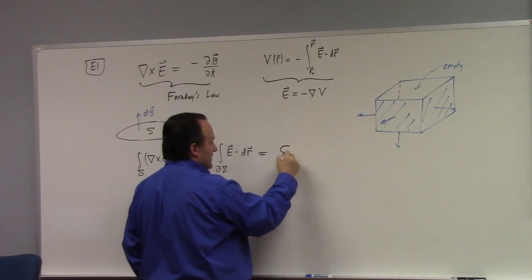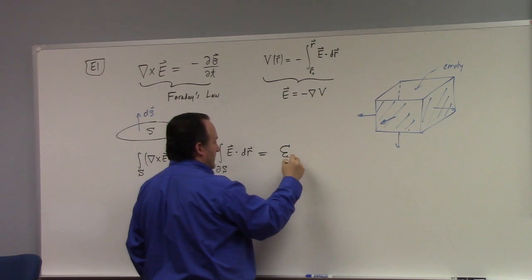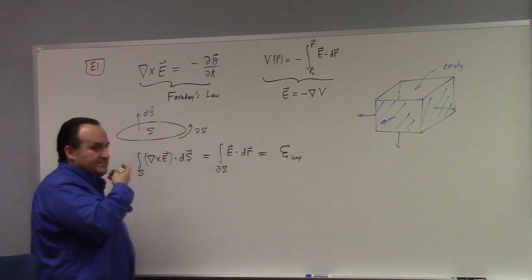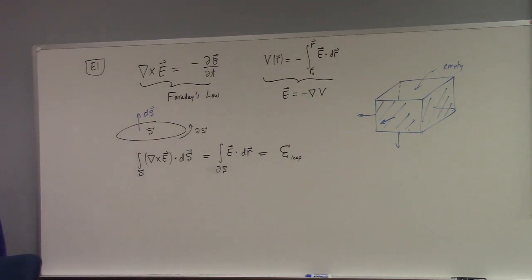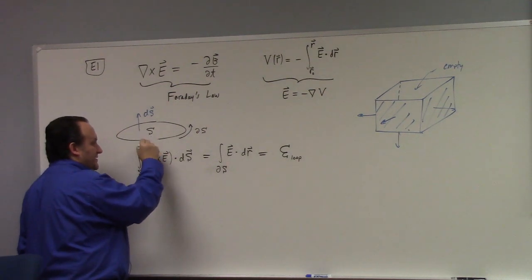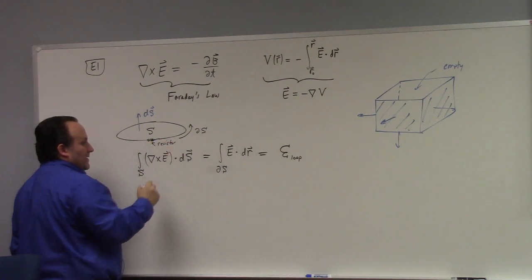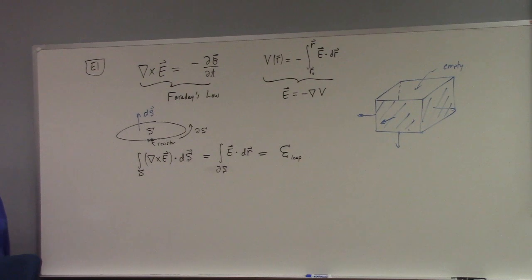We usually use E, the voltage in the loop. So that's the voltage around the loop. If you were to imagine sticking a little resistor in here, that would be the voltage dropped across that resistor. All right.